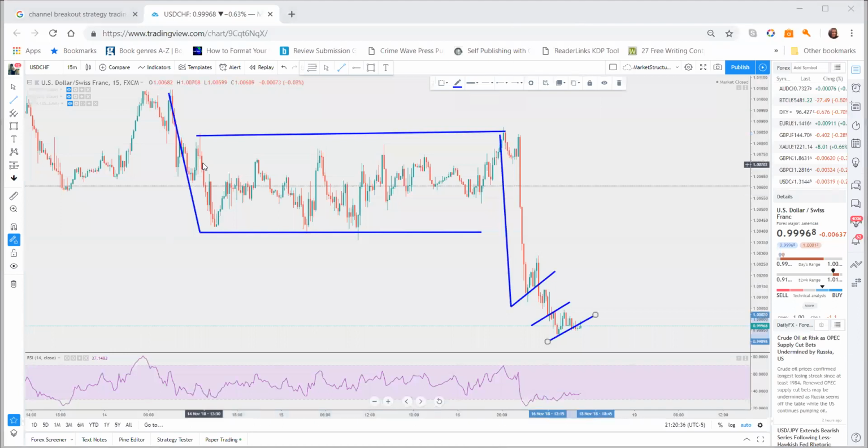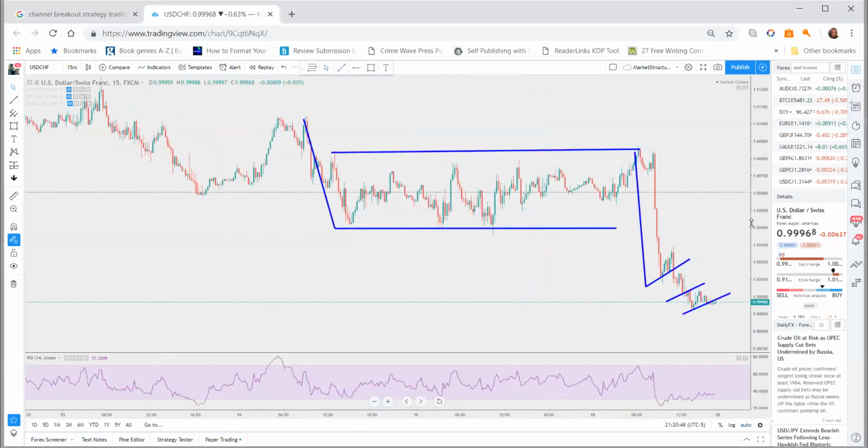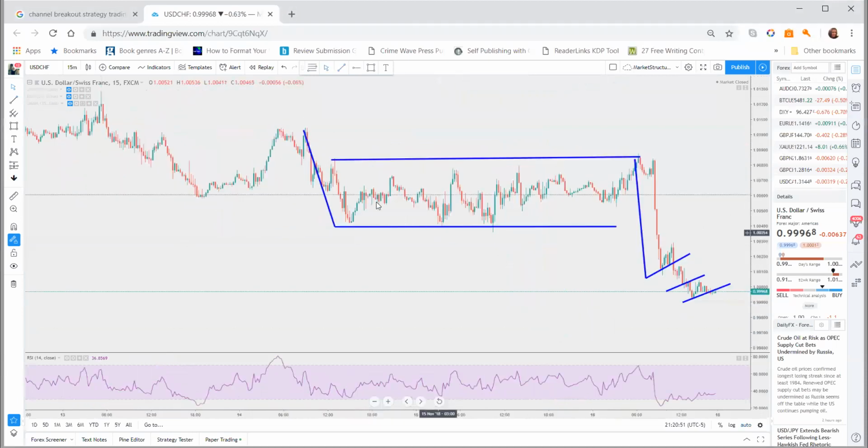So yeah, whenever you get in, just say if you had gotten here during this consolidation, you would have wanted your take profit above that. So whenever you get in, like if you were looking for a sell and got in here, you would have put your take profit up here.